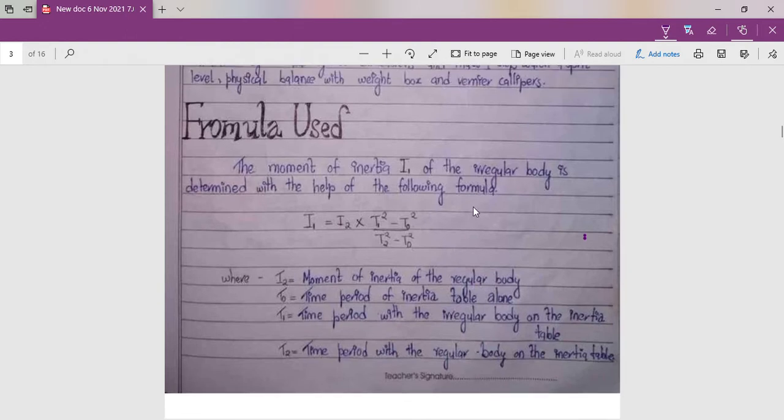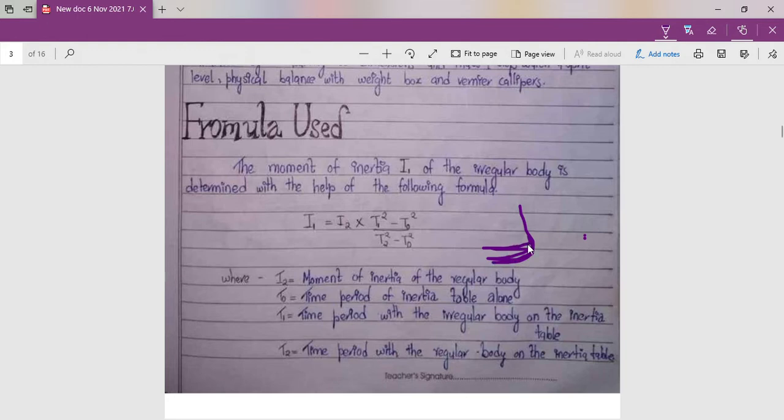Actually, does anyone know when we can say one complete oscillation? Let's consider the inertia table. When we pull it through a small angle, it oscillates in this way.